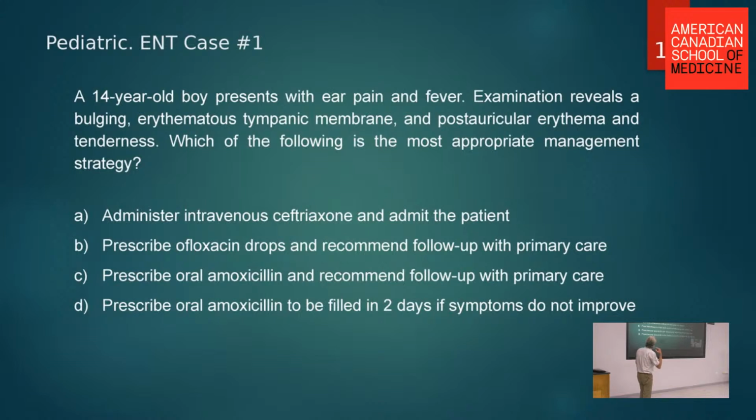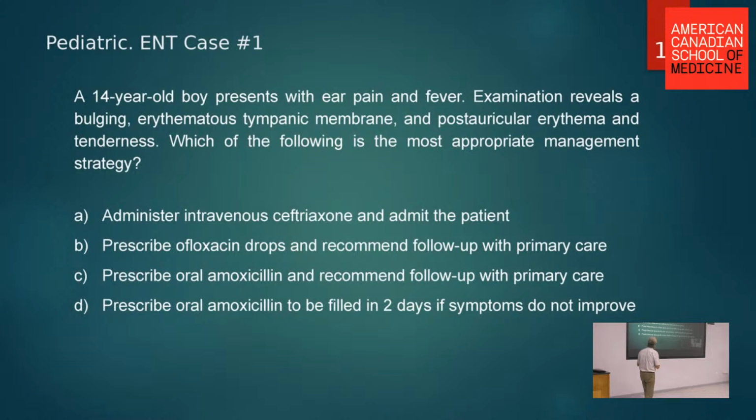But this post-auricular erythema and tenderness is a little bit concerning. So in children that maybe don't have access to medical care or there's a delay in diagnosis of an otitis media, you can sometimes worry about other structures involved. This would be a case where you certainly wouldn't want to put some eardrops in this kid and send him home.